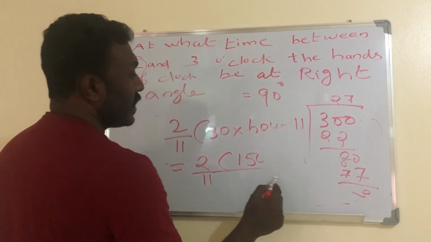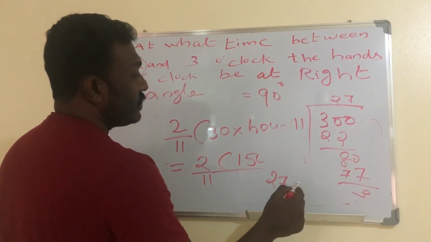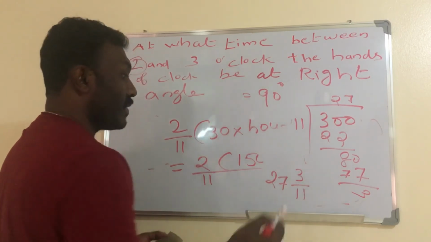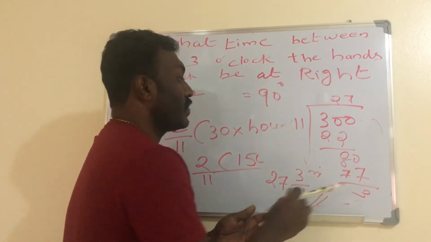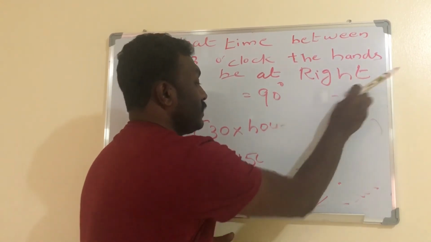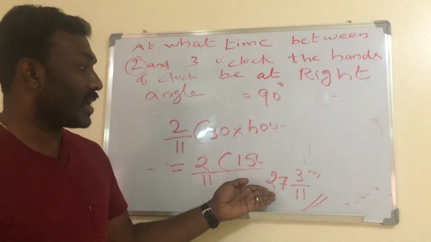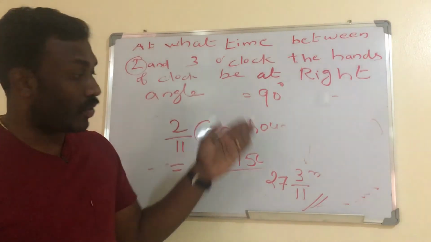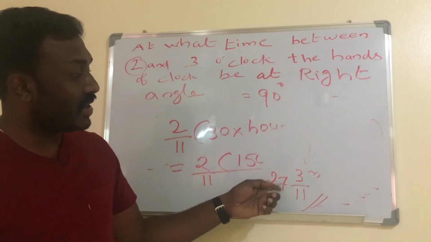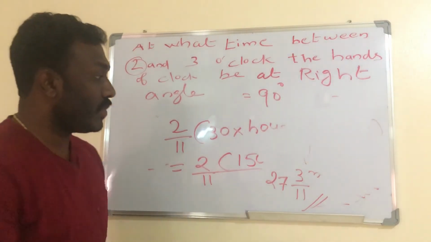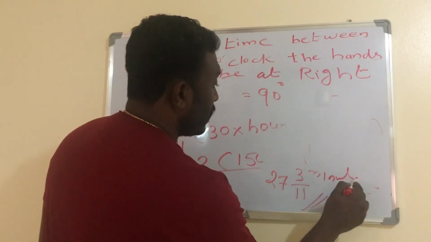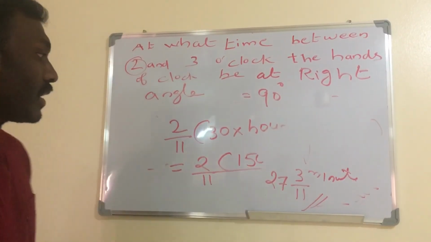The answer will be 27 3 by 11 minutes. So at this time, between 2 and 3 o'clock, at 27 3 by 11 minutes, the hands will be at a right angle.